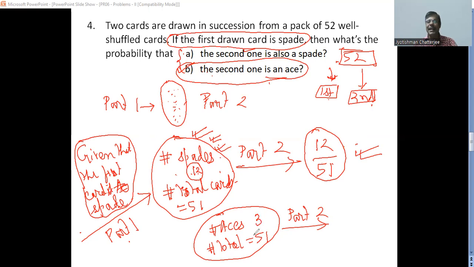And then in that case, the answer will be 3 by 51. However, if the choice of the spade card is anything other than ace, then that ace of spade is also remaining. So in that case, we'll be left with 4 choices of ace. So the answer will be in that case 4 by 51.